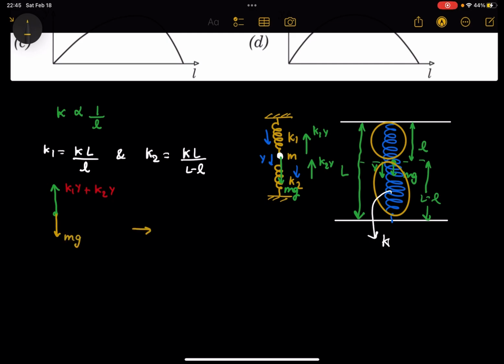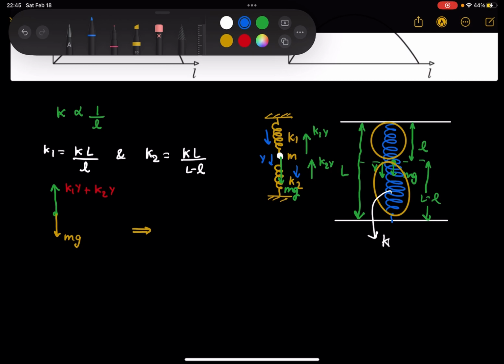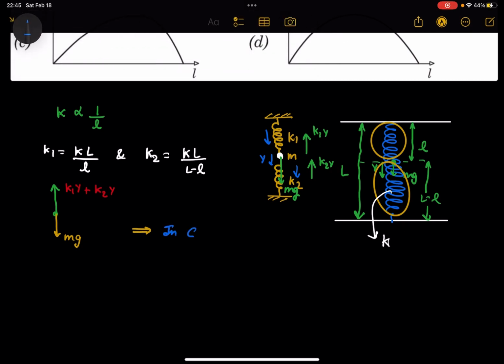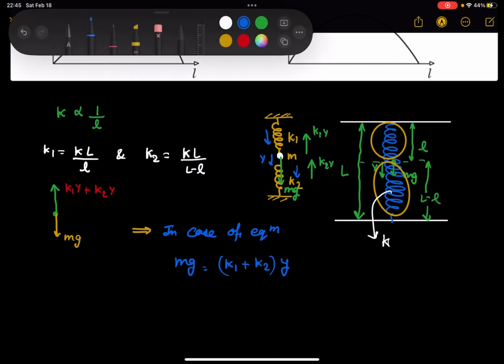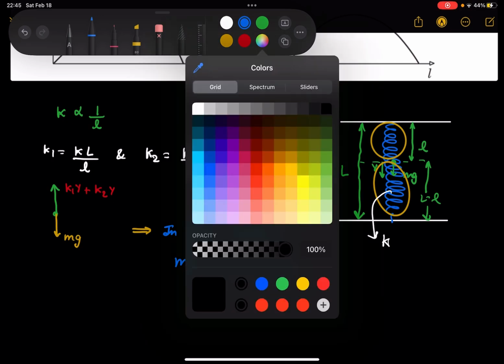So in case of equilibrium, mg is equal to K1y plus K2y. So I want to write carefully here.